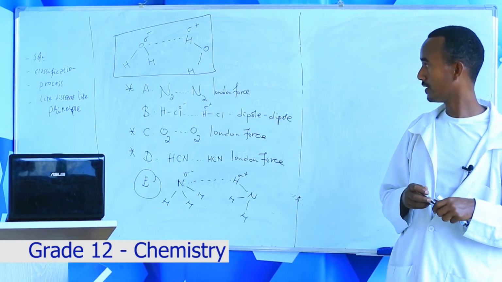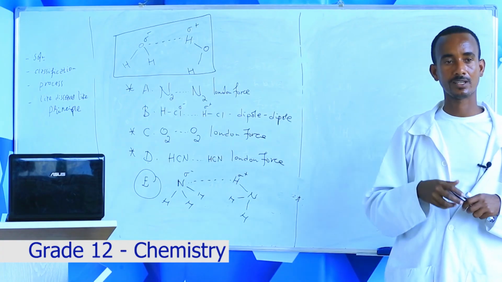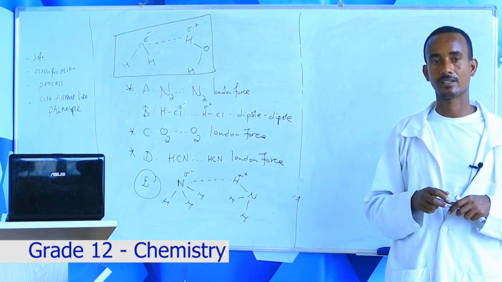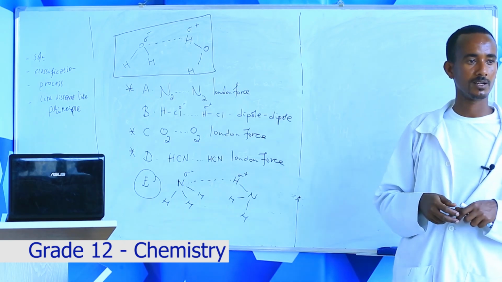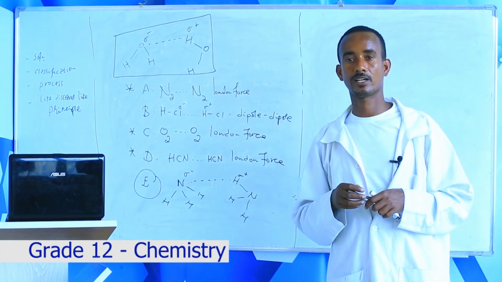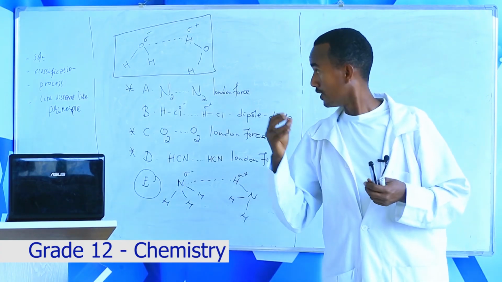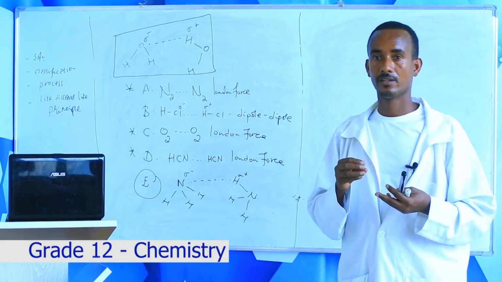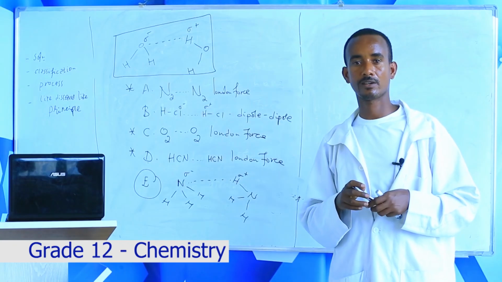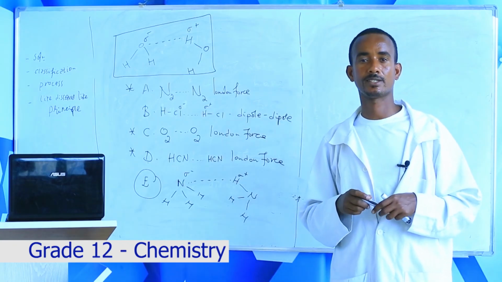This is what you have seen on the solution process. And the last thing is, we have seen the principle known as like dissolves like. So according to this principle, a polar solute is always dissolved in a polar solvent, and a non-polar solute is dissolved in a non-polar solvent. This is what you have seen in today's lesson.